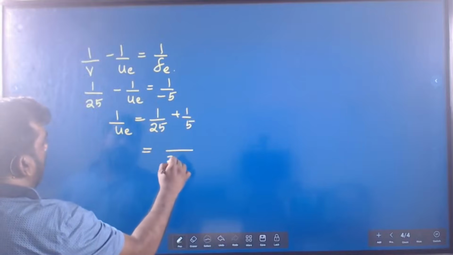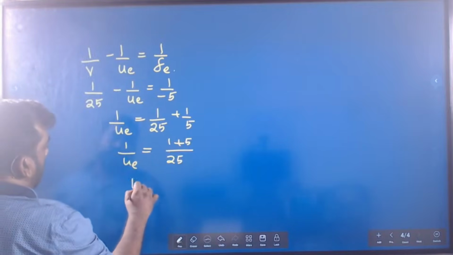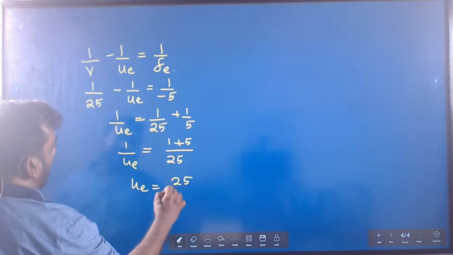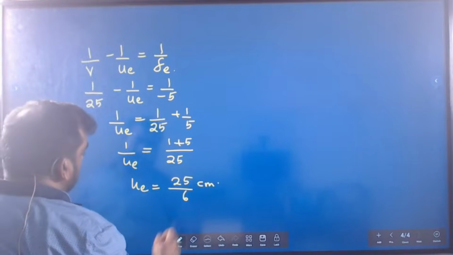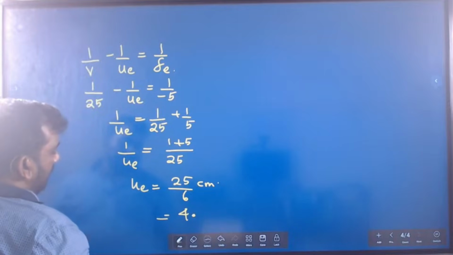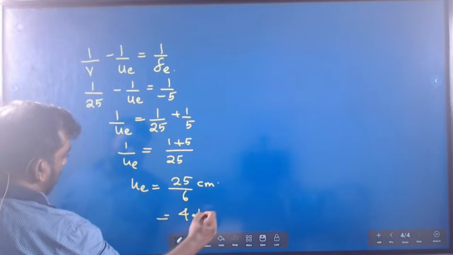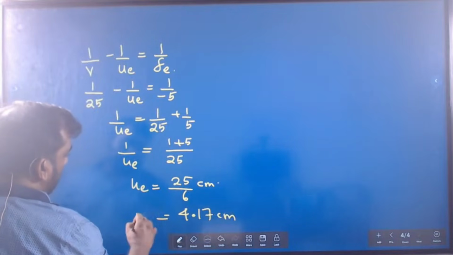Common denominator 25, 1 plus 5. UE is equal to 25 divided by 6 centimeters, that is 4.17 centimeters.